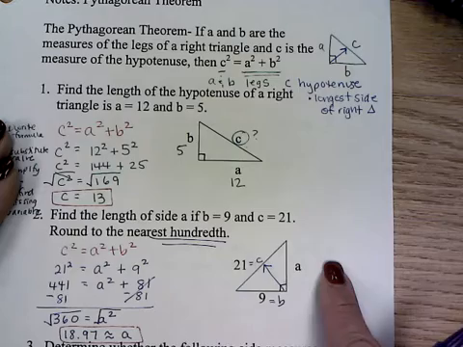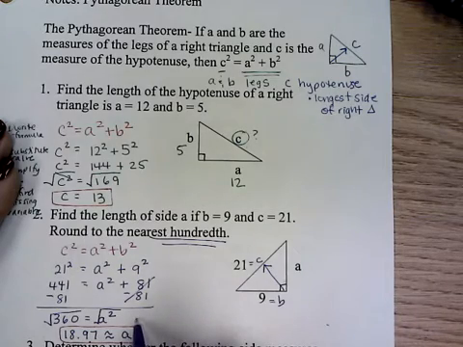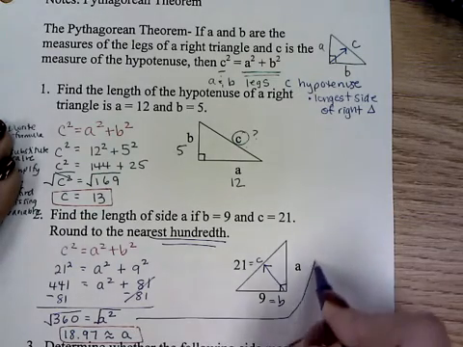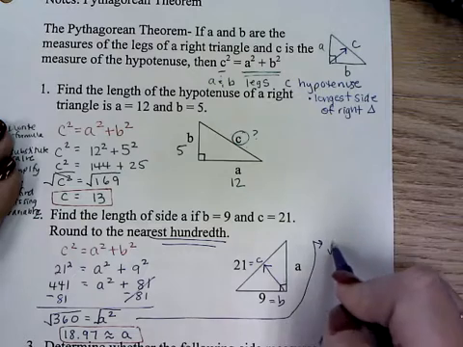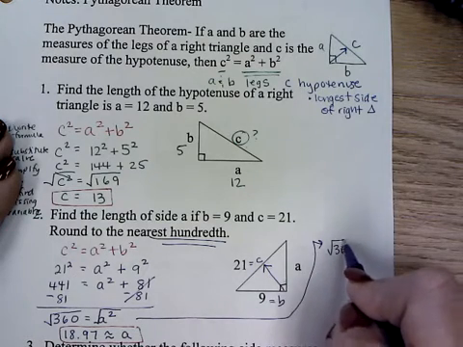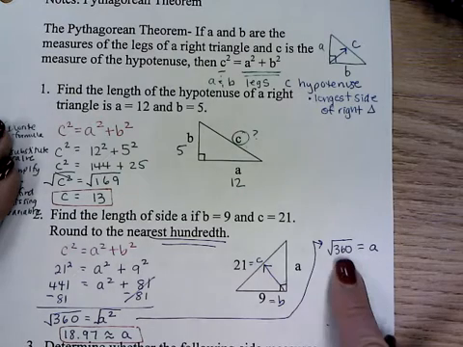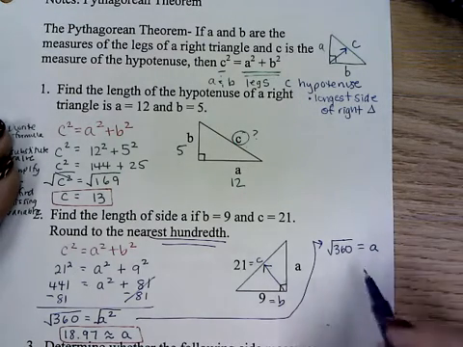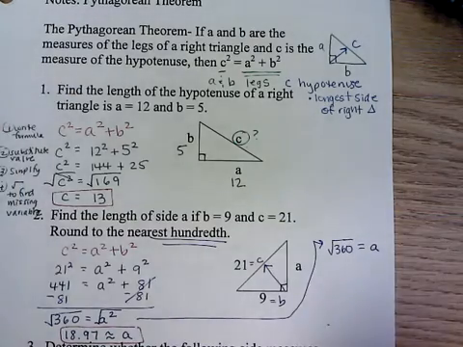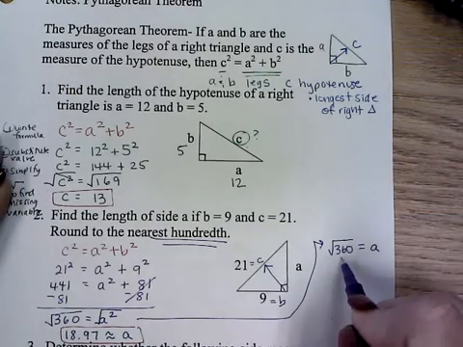I'm just going to come over to this side over here. I'm going to take this line right here, and I'm just going to bring it over here. It says the square root of 360 equals A, because it was the square root. All right, so remember when we simplified the radical that we first wrote this in prime factorization.